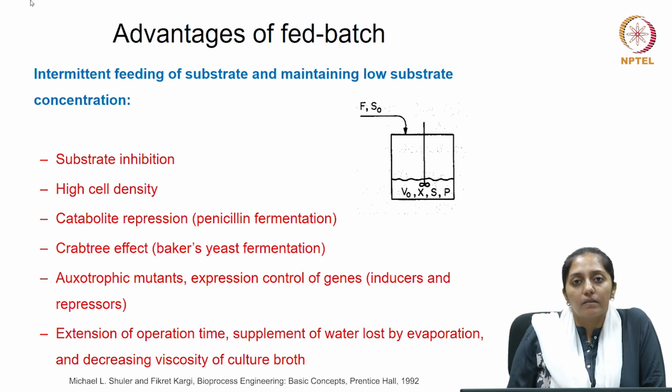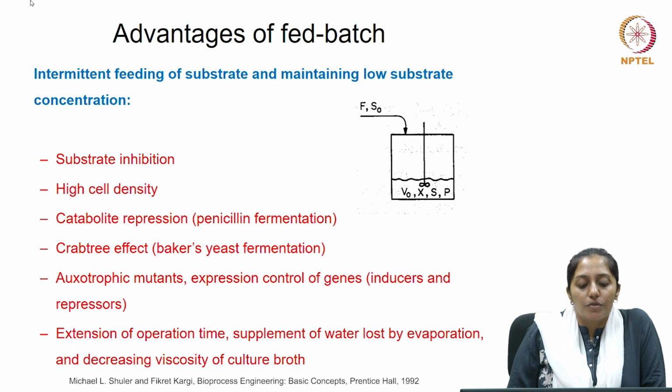To avoid that, the glucose concentration has to be kept under the levels where the Crabtree effect starts happening, which is an undesirable effect, because if substrate level phosphorylation starts happening, then ethanol as a byproduct will start getting formed, because of which there can be toxicity, the pH might change, the flavor might change, and which is a disadvantage. So, to avoid that, the glucose concentration is kept under a limit by manipulating the inlet feed rate inside the reactor.